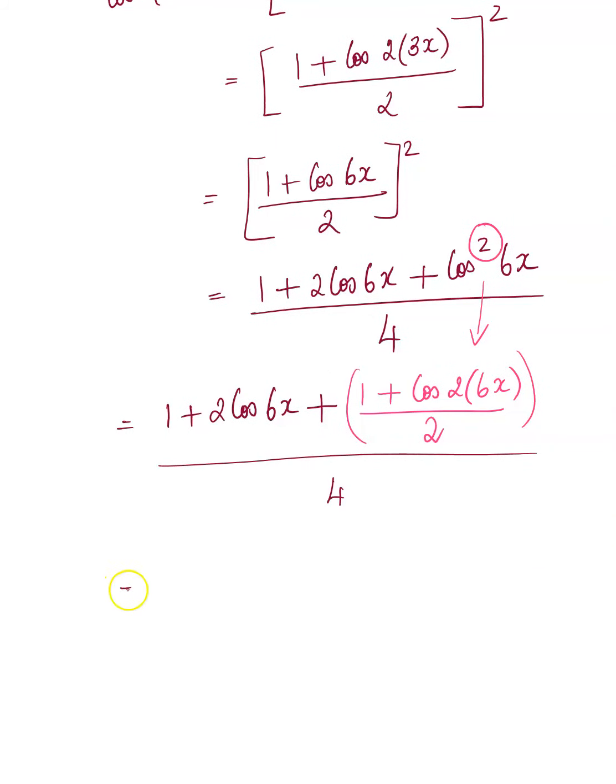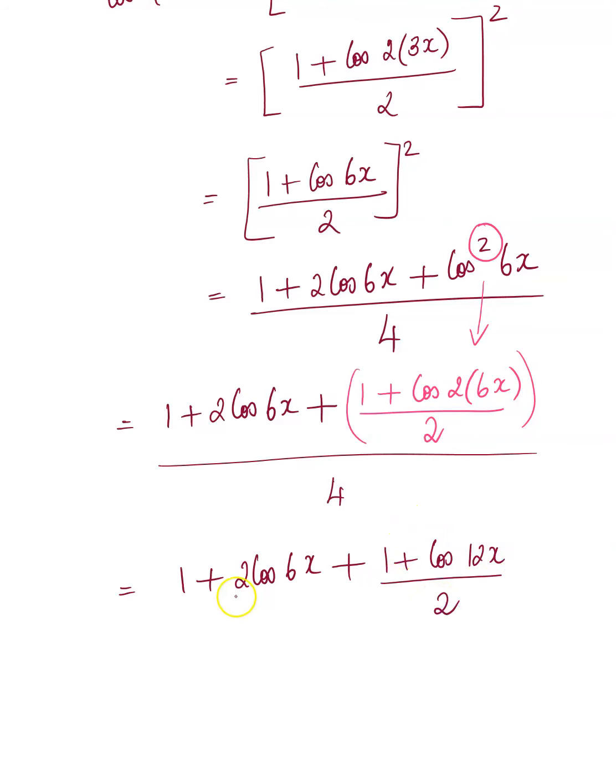It's okay. We can handle it. The best part is that you can already see there are no powers for cosine, and there will not be any powers because you're not multiplying with something else. So we have 1 plus 2 cosine 6x plus 1 plus cosine 2 times 12x, all over 2, isn't it?